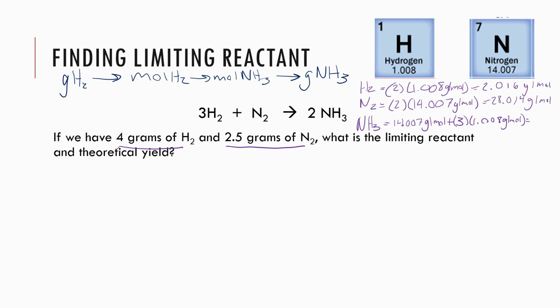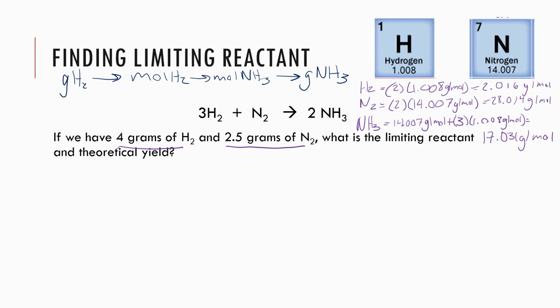So in that case, we would take 14.007 plus 3 times 1.008, and what we would get is, I'm going to run out of space, so I'm going to put it down here, 17.031 grams per mole.